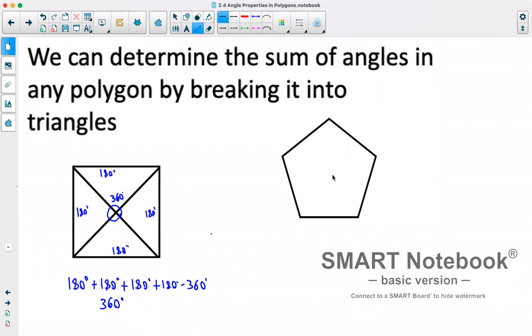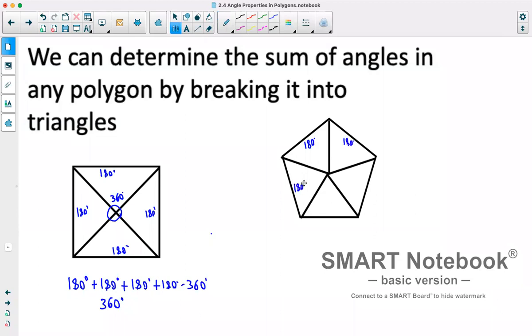Now we'll do the same thing with this pentagon. So like I said, we'll create triangles starting from the center. So essentially we see that we've got 180 degrees here, 180 degrees here, 180 degrees here, 180 degrees here. And then we still have that center part of 360 degrees.